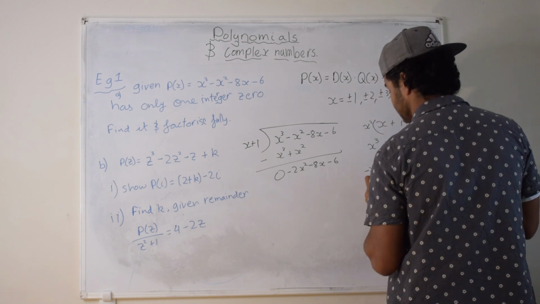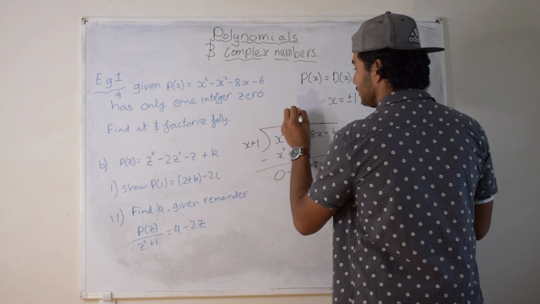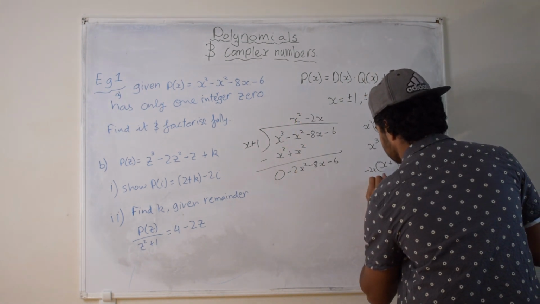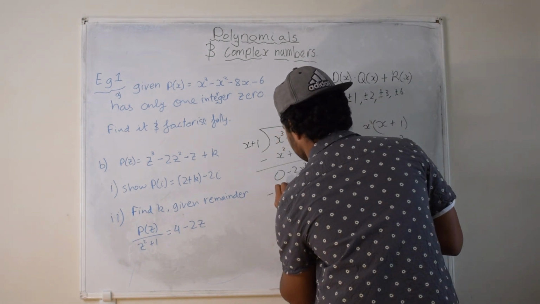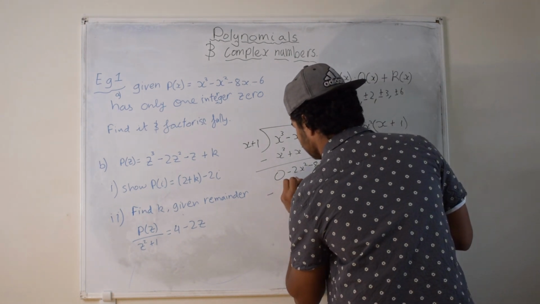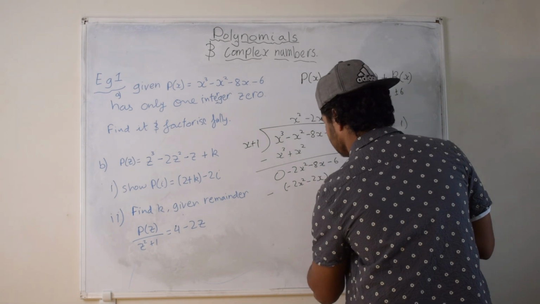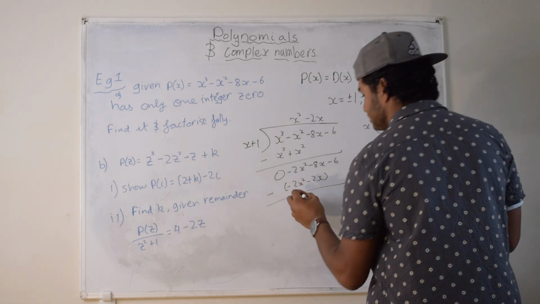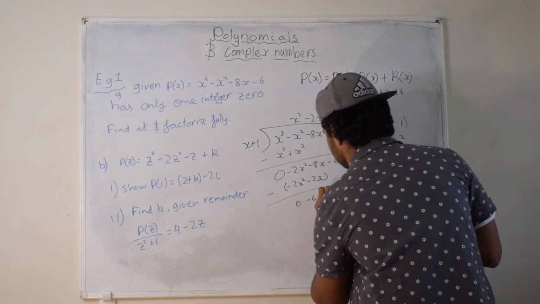Minus 2x. So we put this over here, so we get x squared minus 2x, minus 2x squared minus 2x. Minus 2x plus 2x is 0, minus 8x, then minus 6x minus 6.